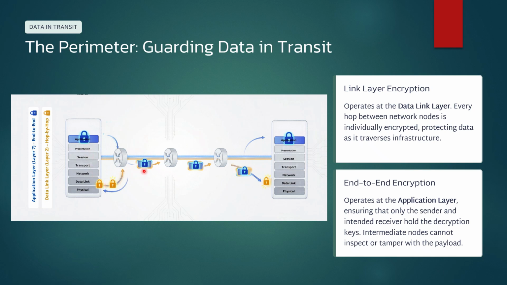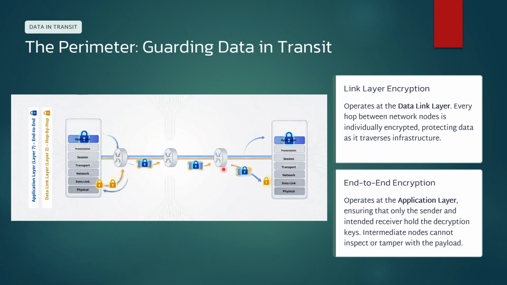So the yellow lock opens at each step or at each device, while the blue lock, which is the application layer lock for end-to-end encryption, remains locked during the whole journey from one step to another step. And the yellow one gets unlocked, the header gets unlocked, the router reads where it is going, then it goes to the other stage and then the third stage.